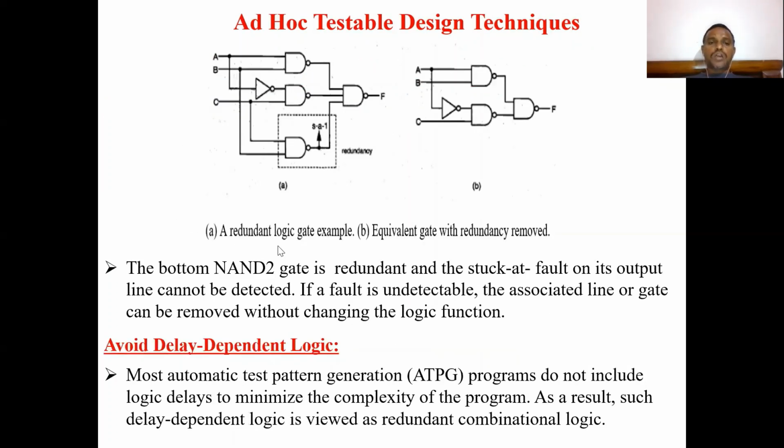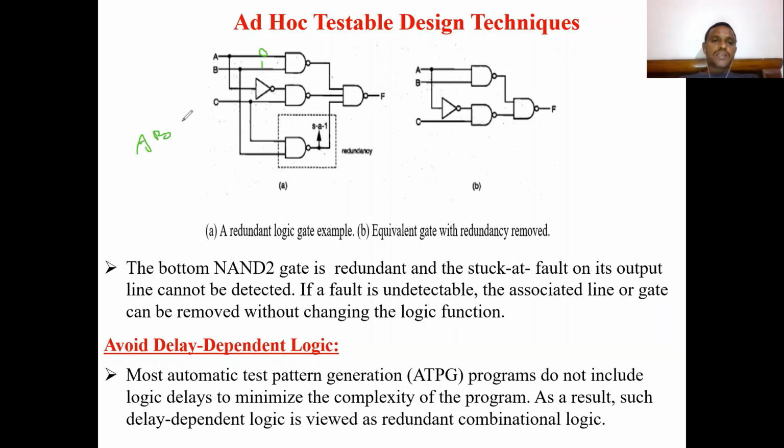Here is an example we can consider: a redundant logic gate example, and the equivalent gate with the redundancy removed. I will apply some values to this circuit and see whether its output is equivalent to the other circuit's output.